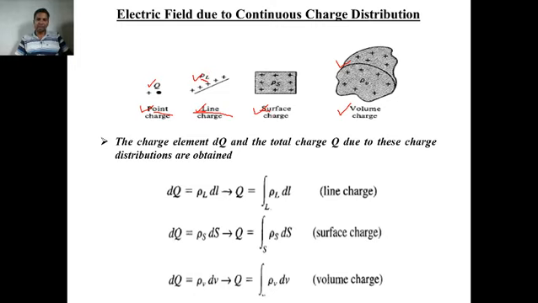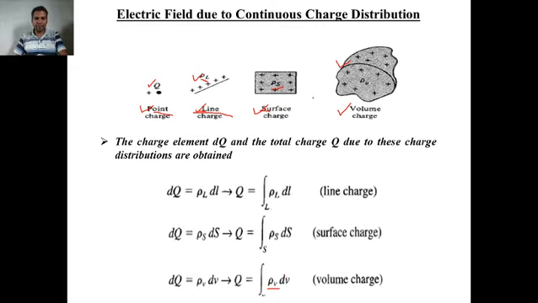If surface charge is described, then they will give you the value of rho S. So, rho S is nothing but surface charge density, it is measured in coulomb per meter square, and in case of volume charge they will give you the value of rho V. It is called volume charge density, it is measured in coulomb per meter cube.